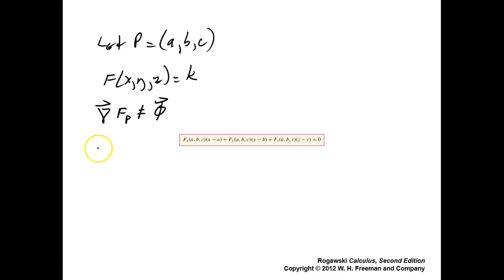Then, if it's not the 0 vector, then this gradient vector f sub p is a vector normal to the tangent plane at the surface, at the point P, is perpendicular to the tangent plane at the point P. Okay?